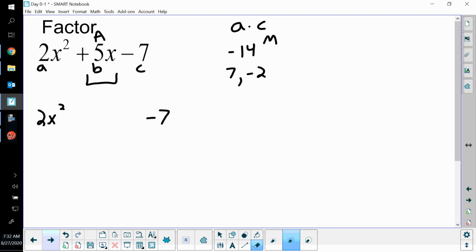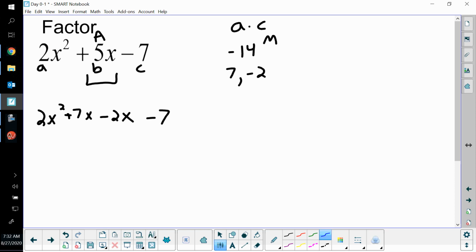Now let me just go back to the a times c. Notice when I did do a times c, I did it as 2 times negative 7. Make sure you take the sign of the c with it. All right, so the 7 and negative 2 is how we're going to split up the 5x. Instead of having 5x now, we're going to have plus 7x and minus 2x. And it does not matter the order that you do those in.